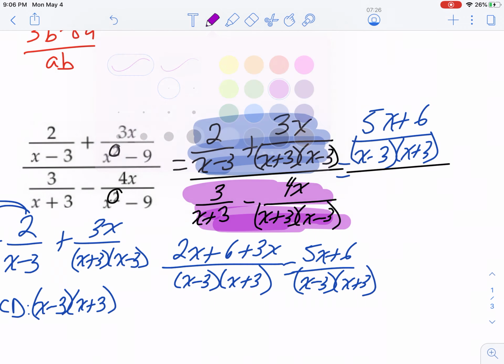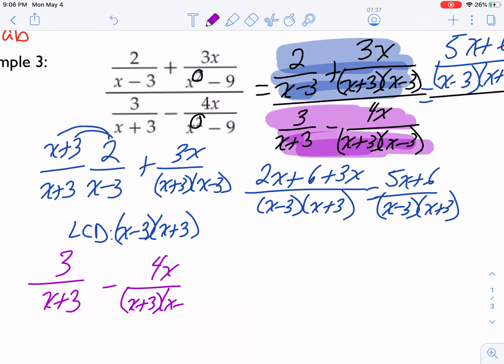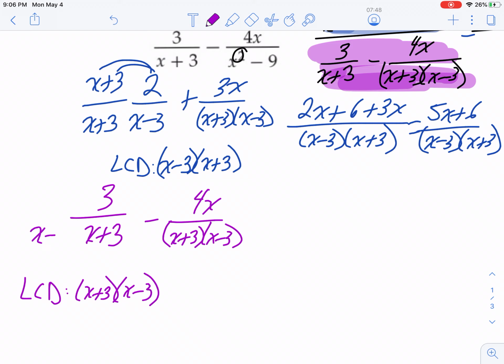Alright, now that the top's done, let's look at the bottom. 3 over x plus 3 minus 4x over x plus 3, x minus 3. So again, my LCD is the same. I'm missing an x minus 3 over here, so multiply top and bottom by that.